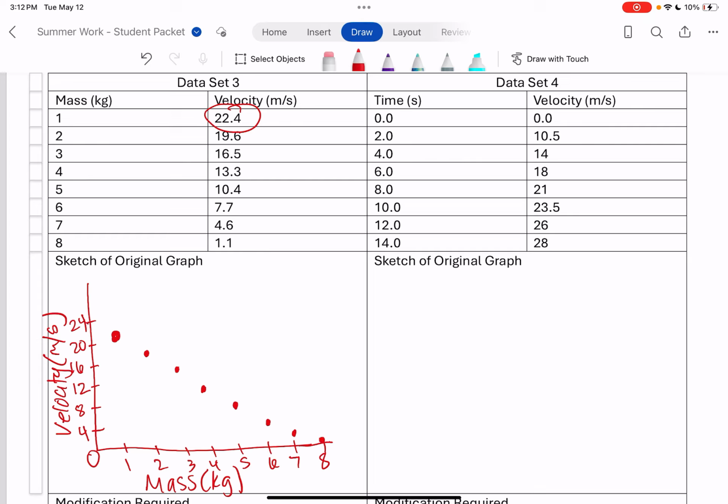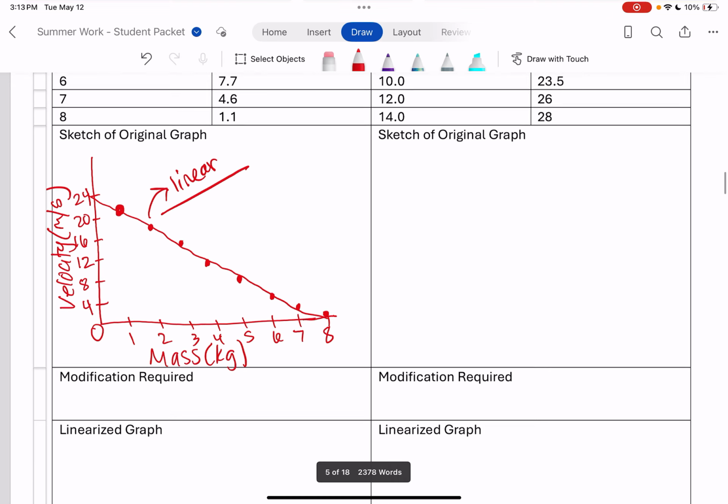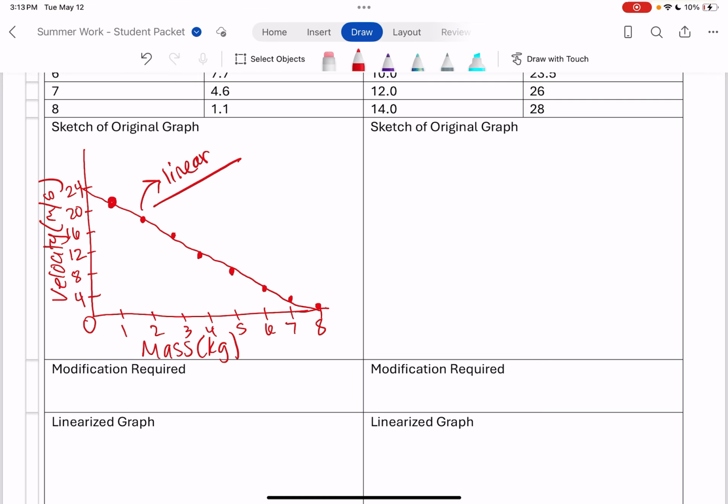So if you look at this, the trend line is pretty linear already. That doesn't mean it's a proportion, because they're not both increasing, but it is linear. Sometimes this is called an indirect proportion, not an inverse, but an indirect.